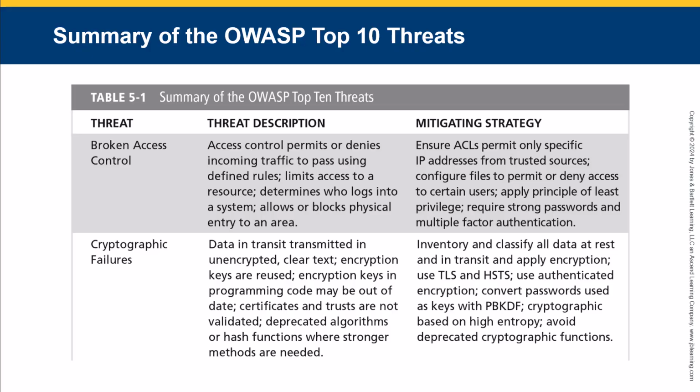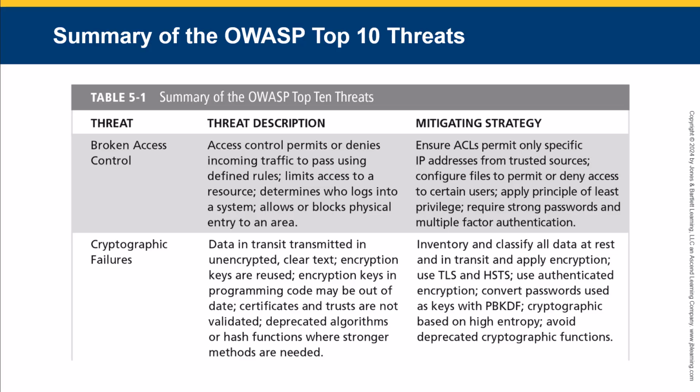And again, here they are as an overview, as in the book. Broken access control. The threat is that access control permits or denies incoming traffic to pass using defined rules. Mitigation, an ACL. So look at the different threats and think about the mitigation strategies.